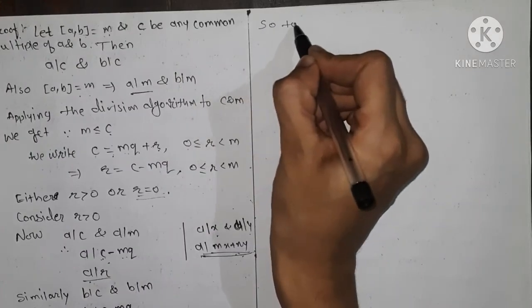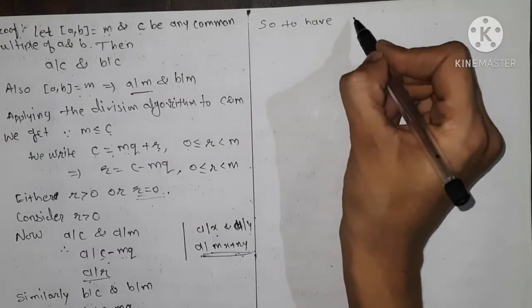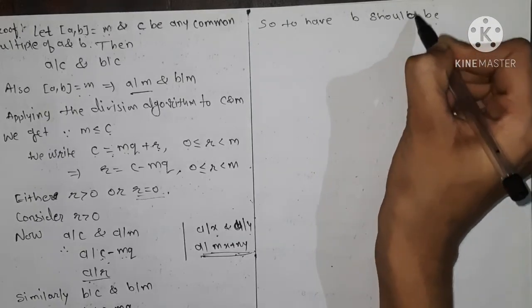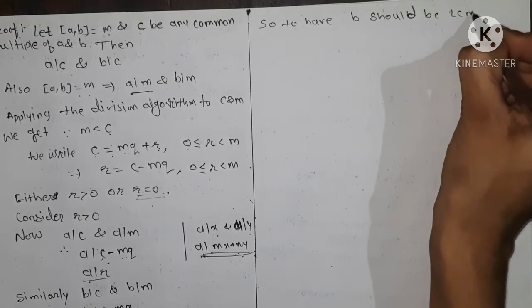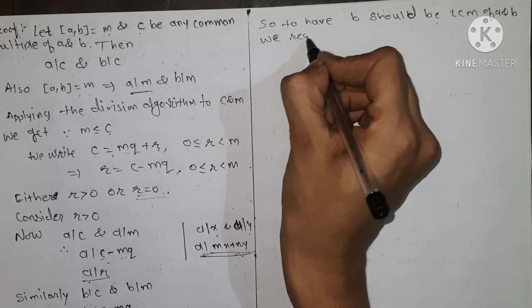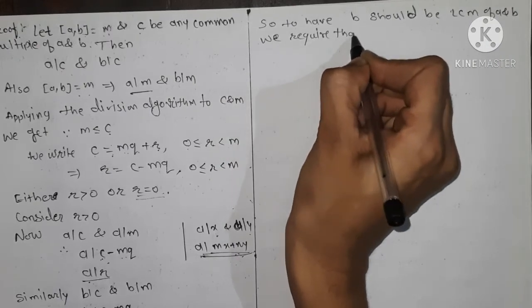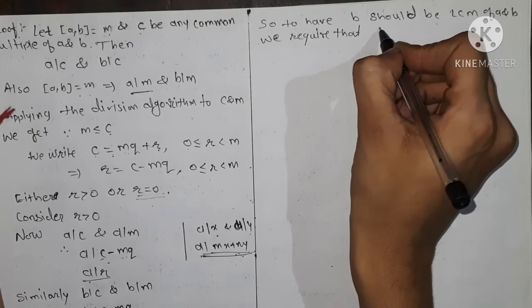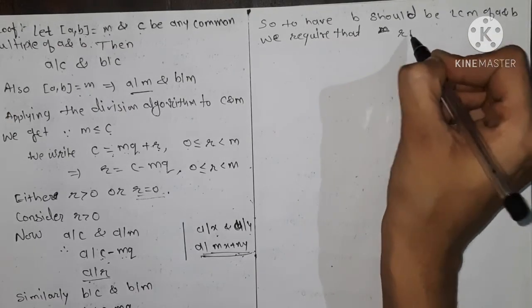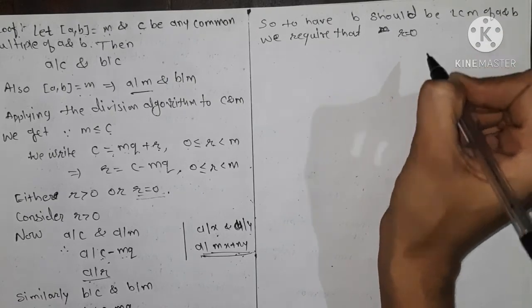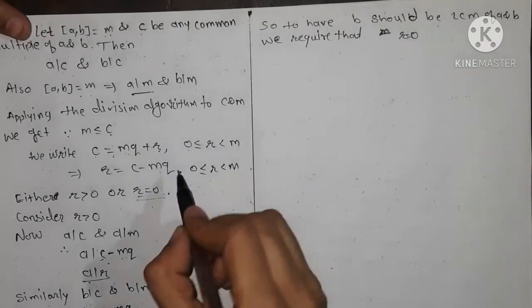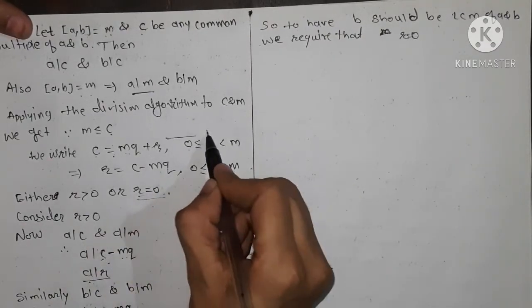So to have m be the LCM of a and b, we require that r is equal to 0 in this equation, which we call equation number 1.